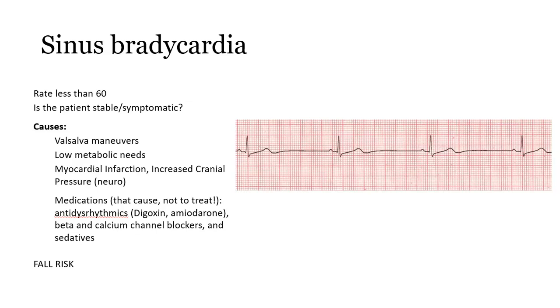What are some things that cause our heart rate to get low? What can cause us to have bradycardia? A Valsalva maneuver is one thing. So if a patient is having a bowel movement and bears down, that can put pressure on the vagal nerve, and that vagal nerve can make our heart rate drop. For you and I, that's probably okay because we have a strong, healthy heart that can bounce back.